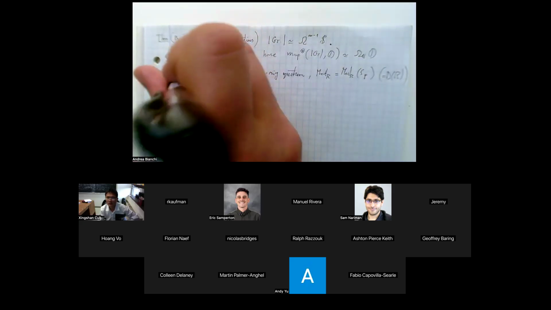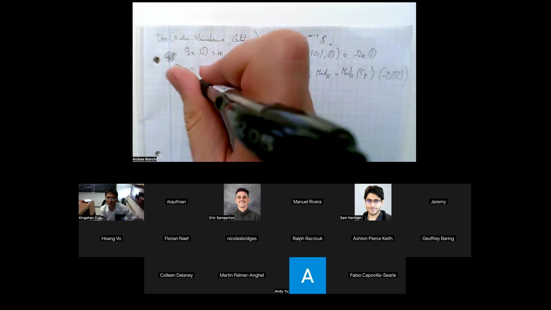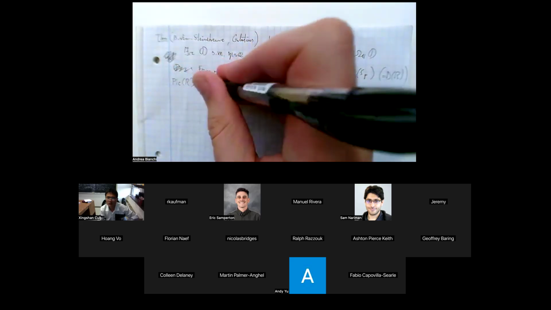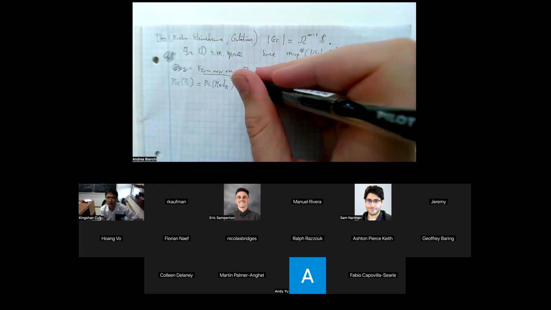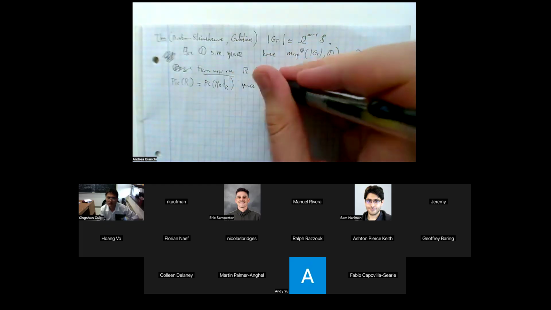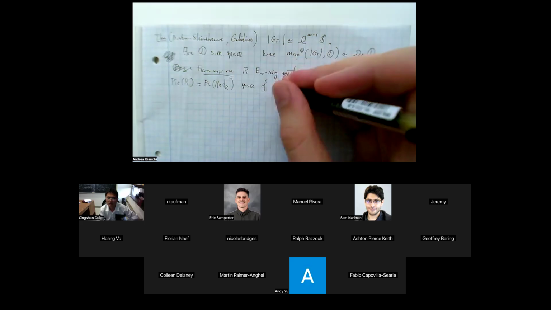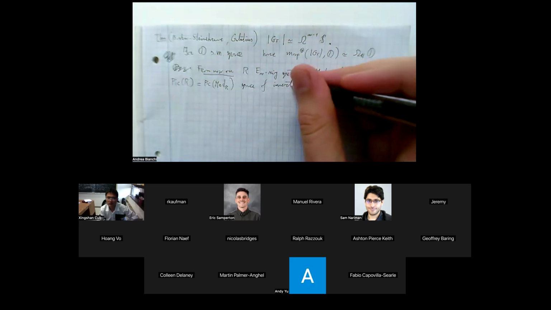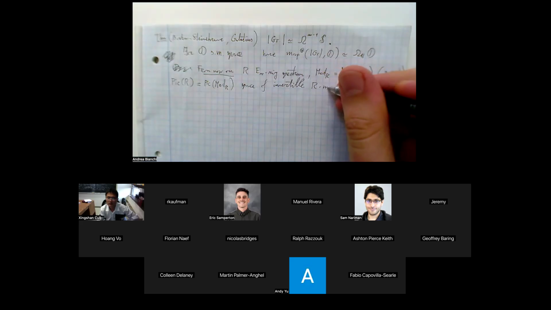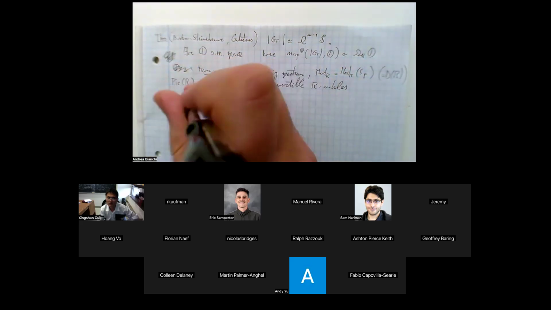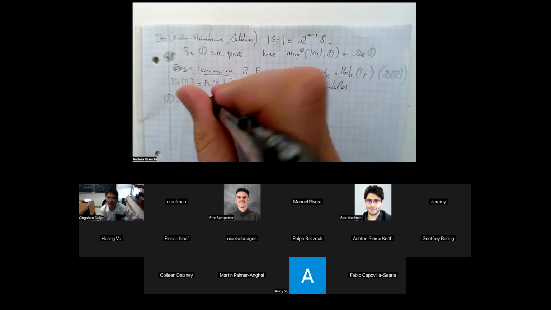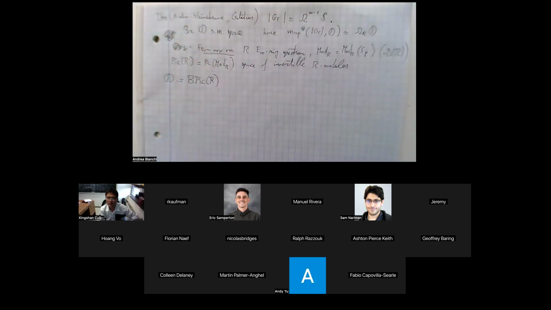And Pic R is again the Pic of mod R. So these are the space of invertible R modules. And the idea is to take D to be B Pic.